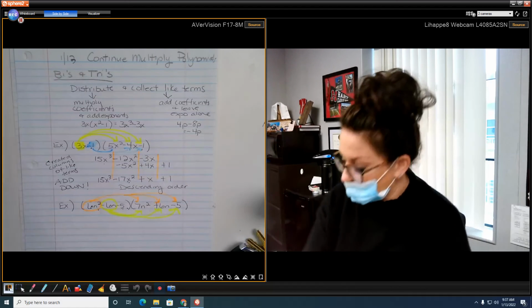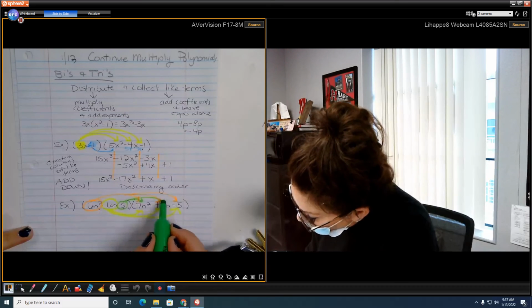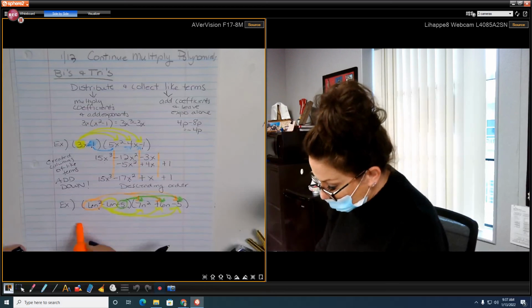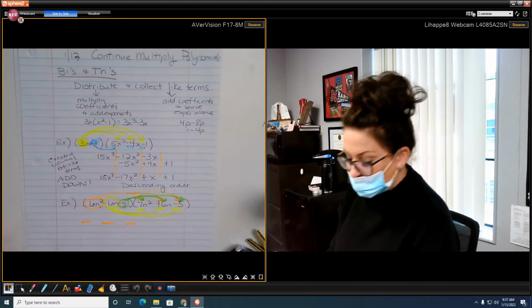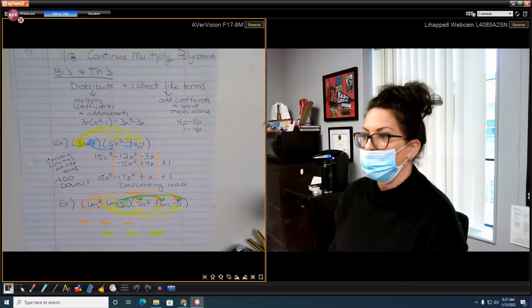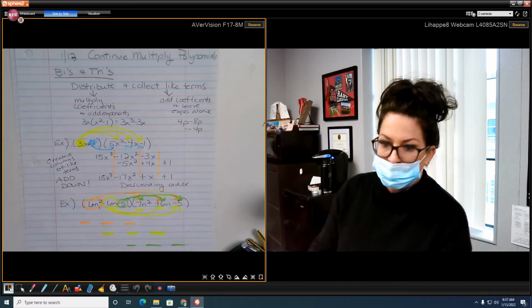And then you're going to take the negative 5 and you're going to distribute it to each term. And as you do so, you're going to create your columns along the way. Do you understand? Okay. Cool.